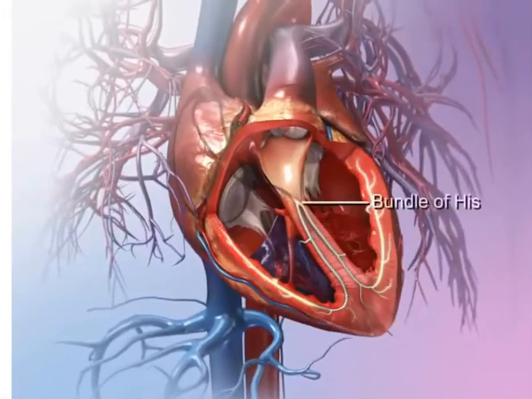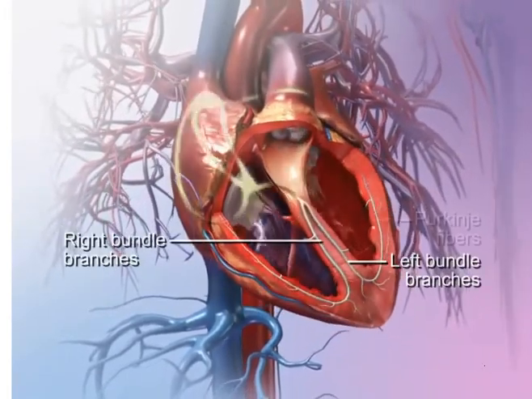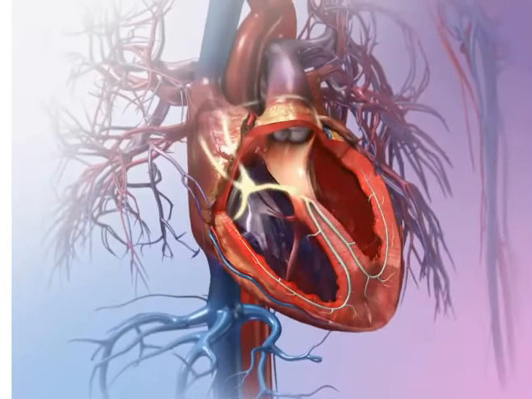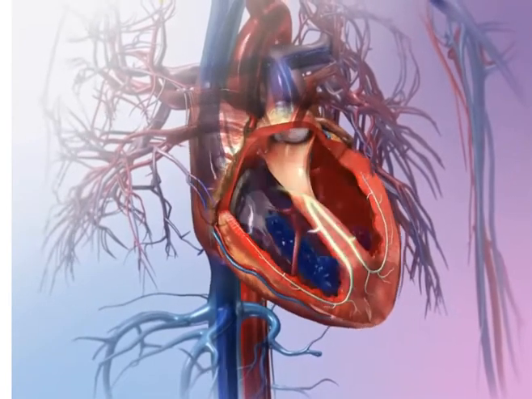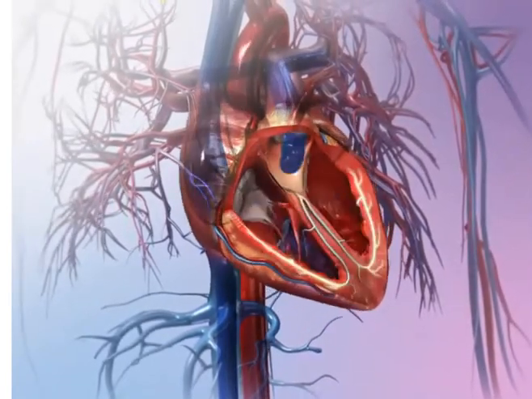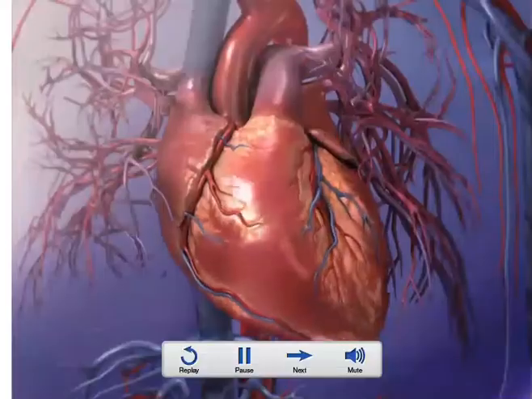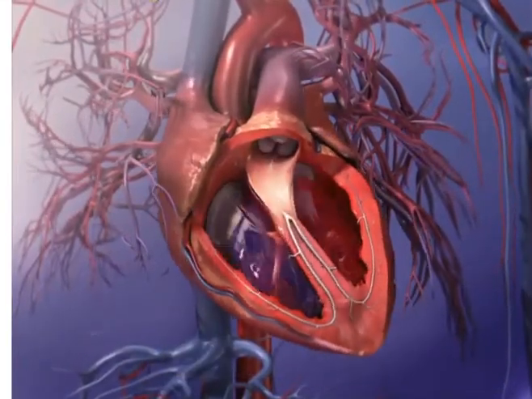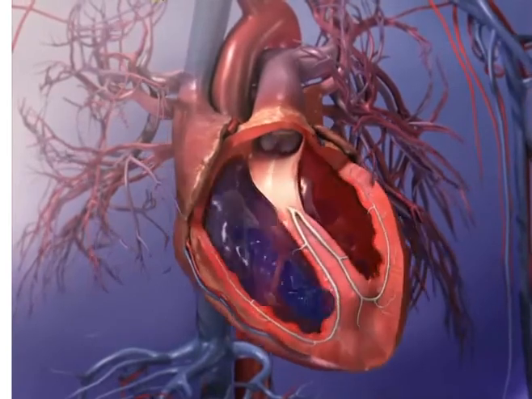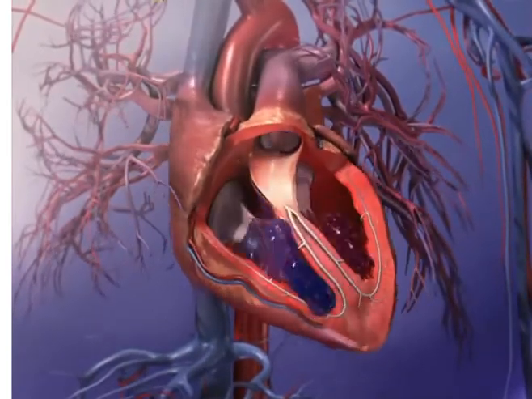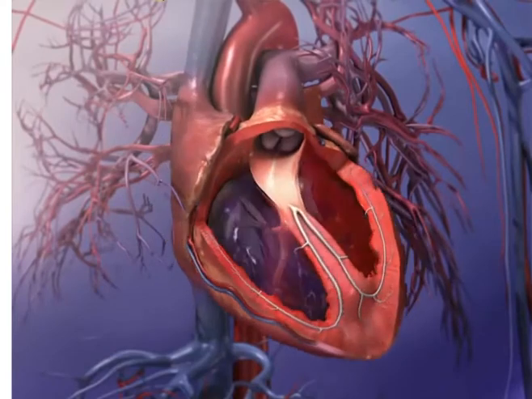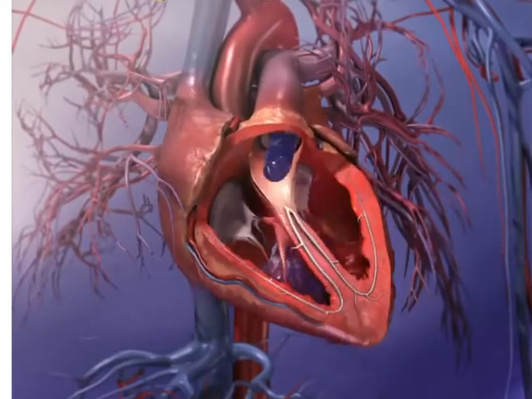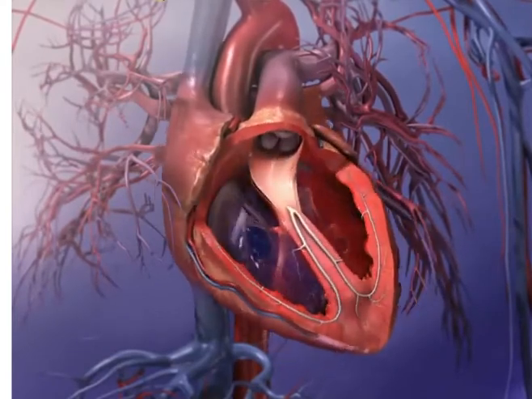It passes through the bundle of His, the bundle branches, and the Purkinje fibers. As the impulse reaches the ventricles, it triggers a contraction there, and the heart ejects blood. It regulates both electrical and mechanical activities of the heart. An electrical impulse is sent, which results in a mechanical action. This cycle repeats again and again, increasing during exertion and decreasing while the body is at rest.